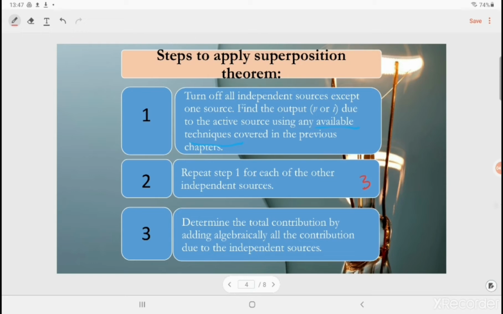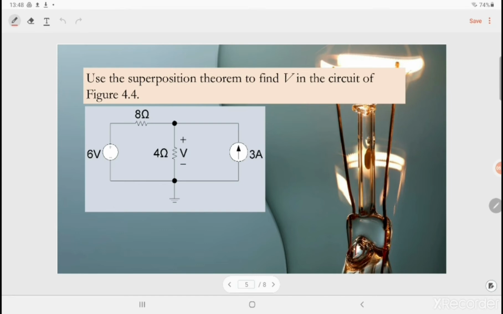At the end, after considering at one time only one source is active, and we find the value of V and I, the last step is to determine the total contribution by adding algebraically all the contributions due to the independent sources, right? So maybe we need to see an example in order to really understand.